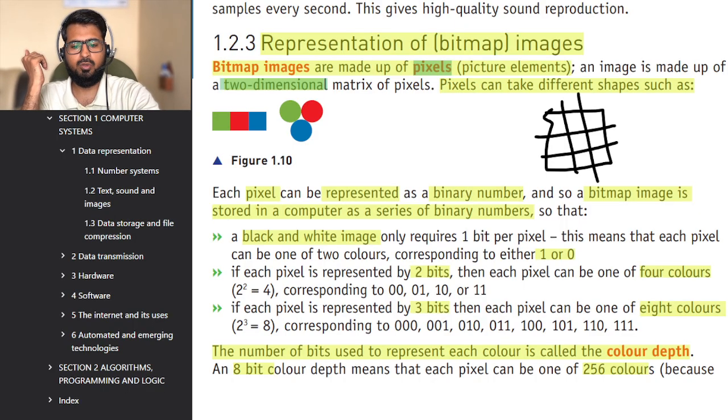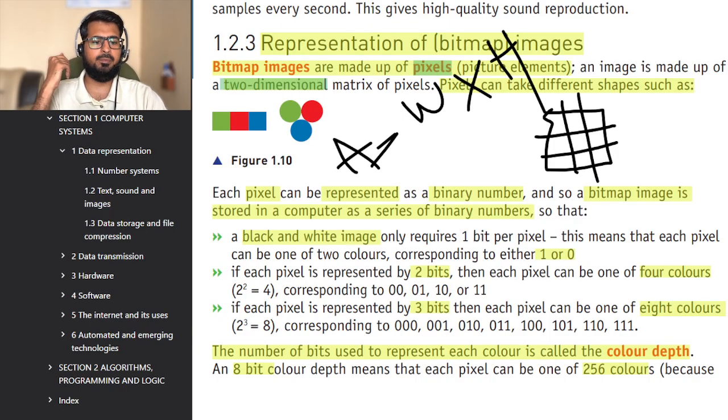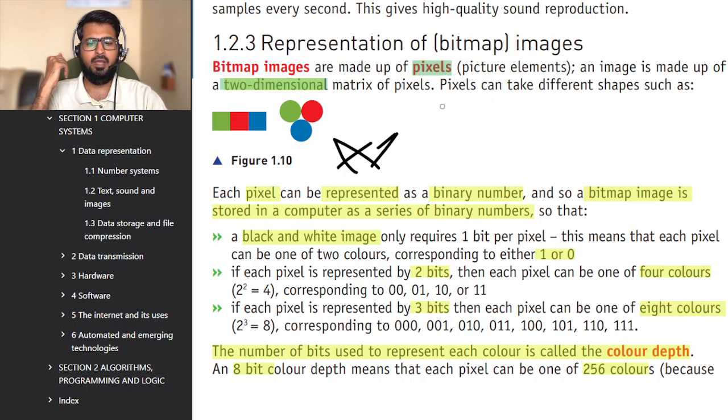In order to calculate the full area of the image, we multiply the width by the height. That is something your book is saying. The images are in two dimensions, and they have different shapes.